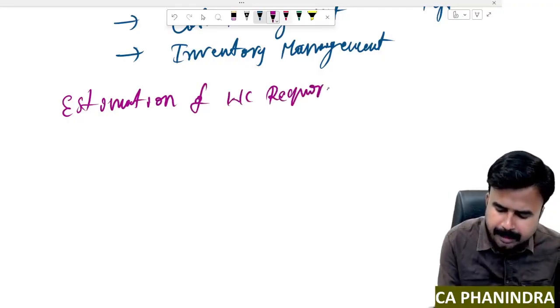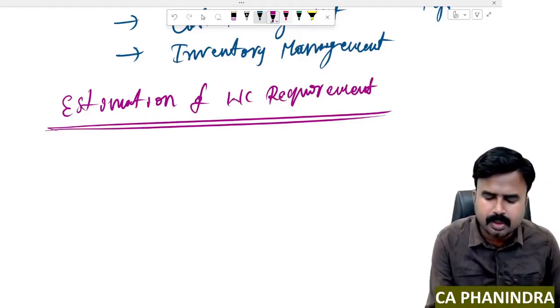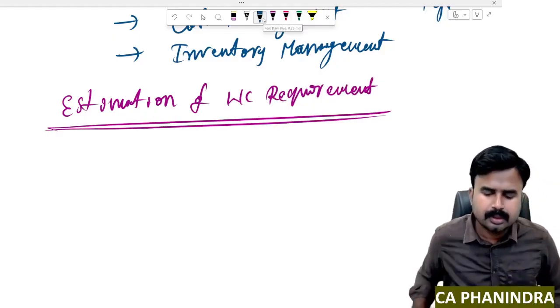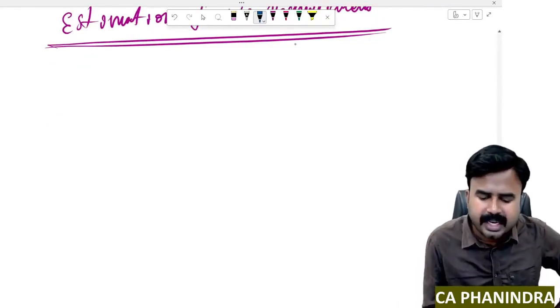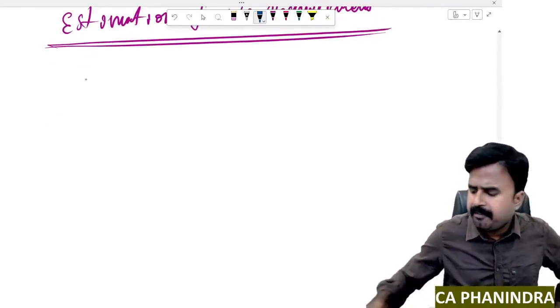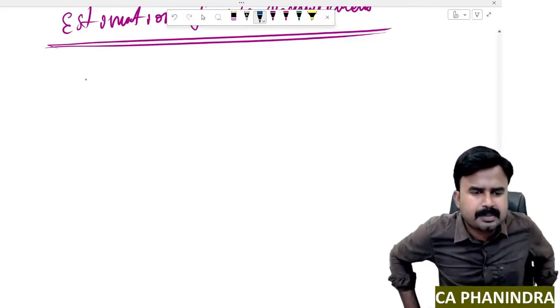See, under this concept, first of all, we should have an idea. Every firm should maintain sufficient working capital to run their business smoothly.